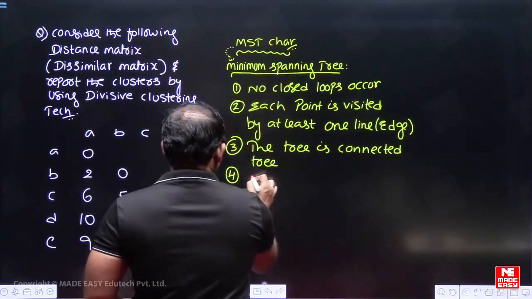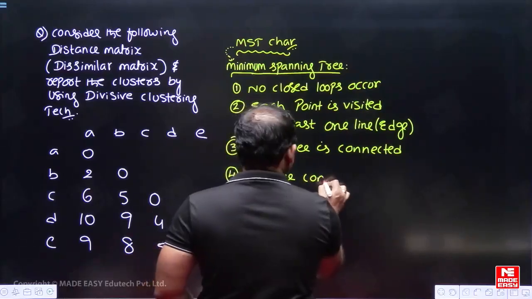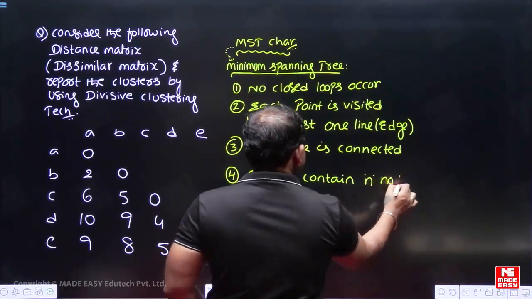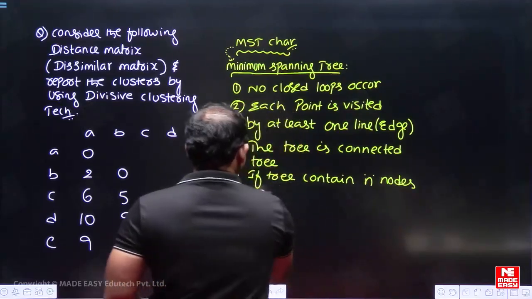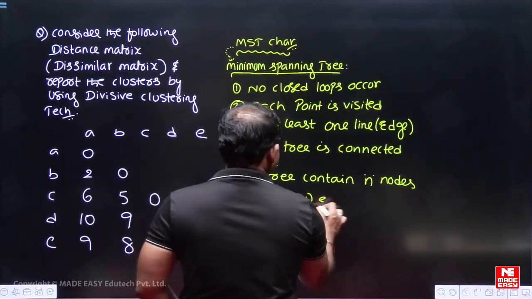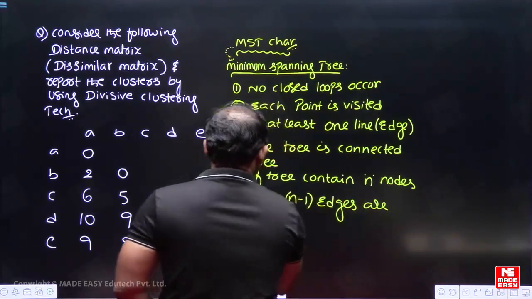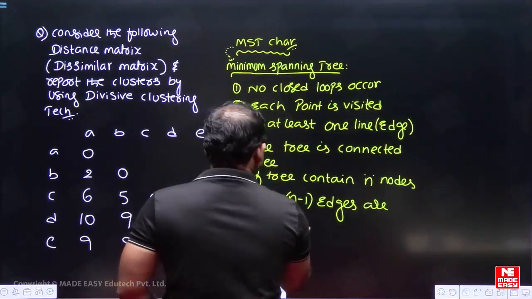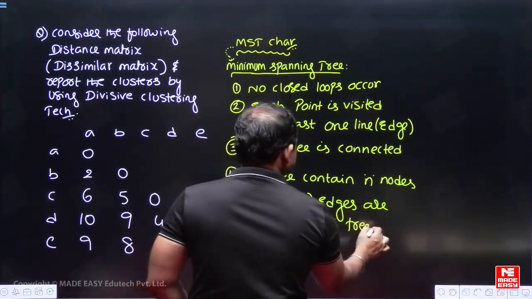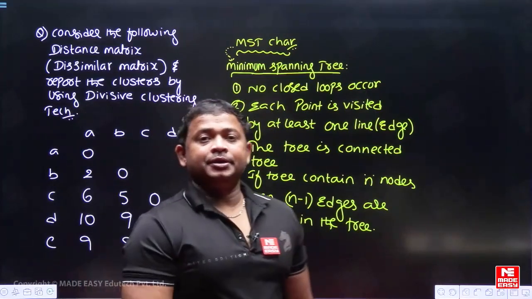Next, if the tree contains n nodes, then n minus 1 edges are present in the tree. So these are the characteristics of a minimum spanning tree.